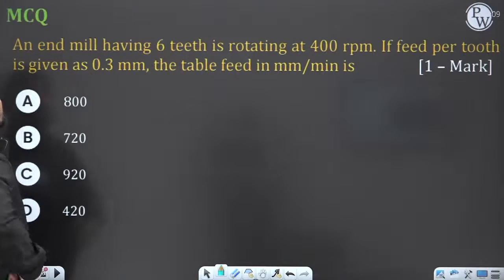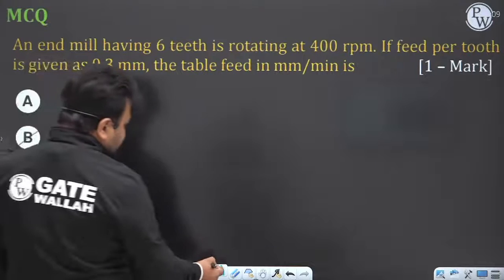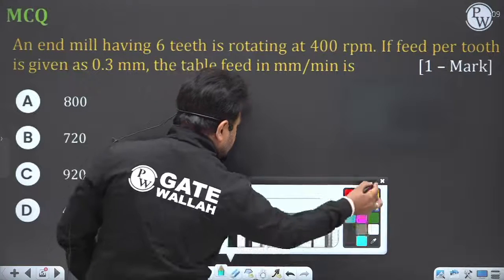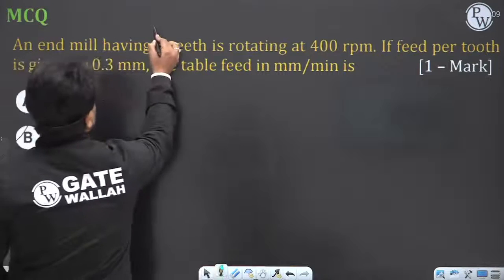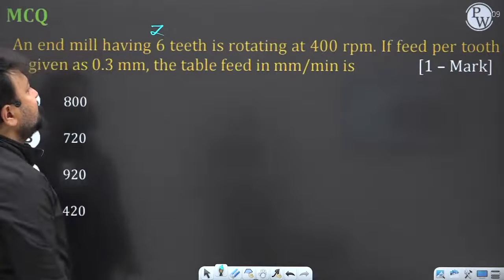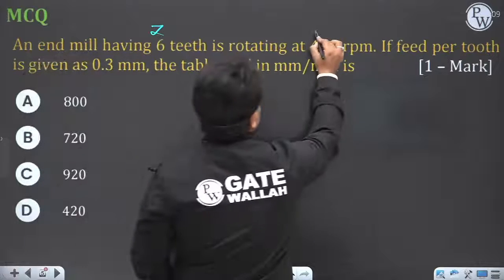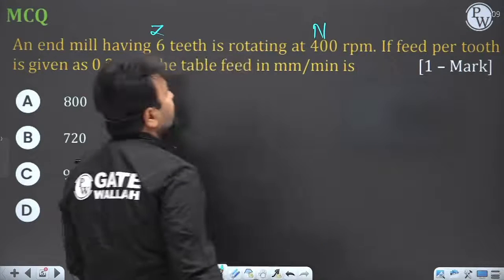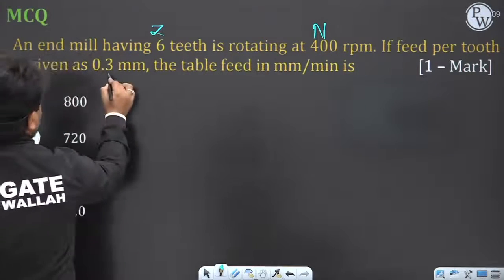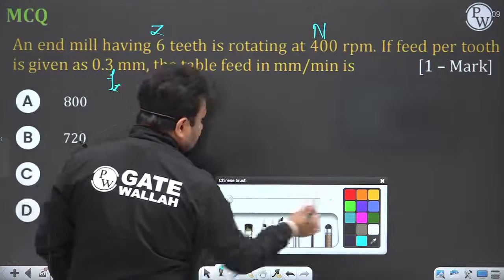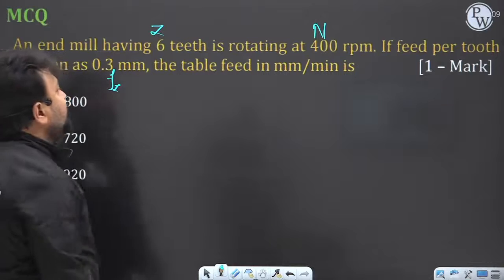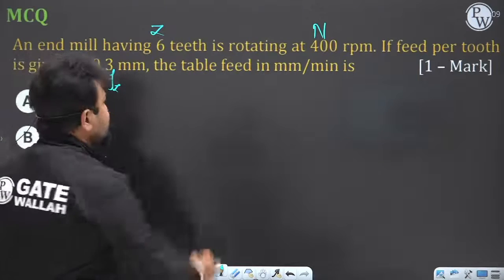An end milling cutter having how many teeth? Question is very simple. Z equal to 6 teeth is rotating at RPM N. If the feed per tooth is given, that is the load on the tooth, the table feed in mm per minute. Very easy, straightforward.